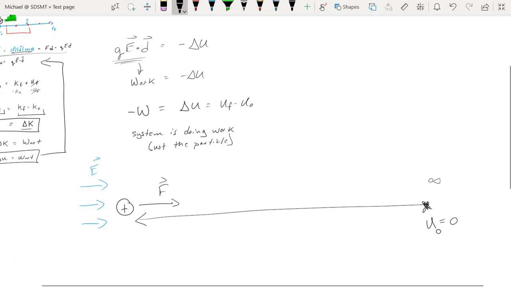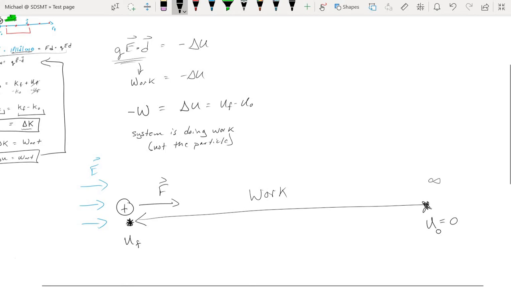And that way, as we travel back, so we're going to start way out at infinity, and we're going to travel back to this location right here. We're going to let that be the final potential energy. And it's going to take some work for us to bring that charged particle back in.